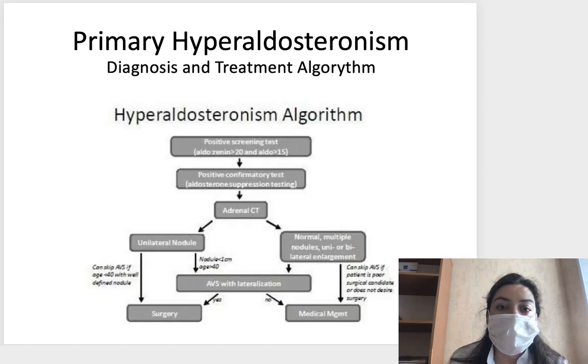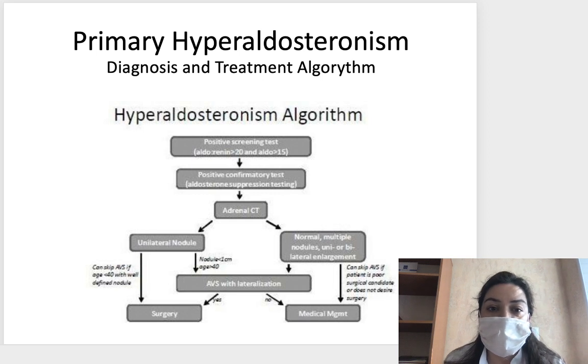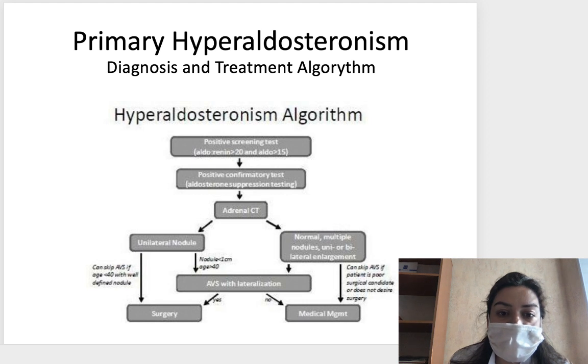Treatment and diagnosing algorithm for primary hyperaldosteronism. Yes, in a positive screening test, when aldosterone renin ratio is more than 20 and aldosterone more than 15, we do a positive confirmatory test like aldosterone suppression testing. After it, we do an adrenal CT scan for unilateral nodule.